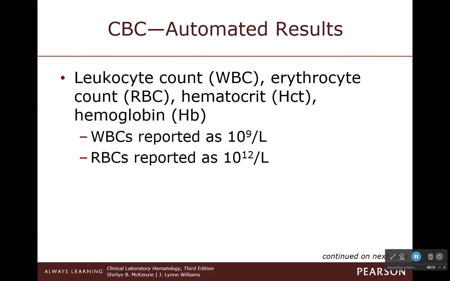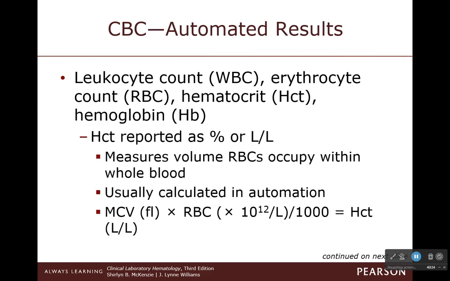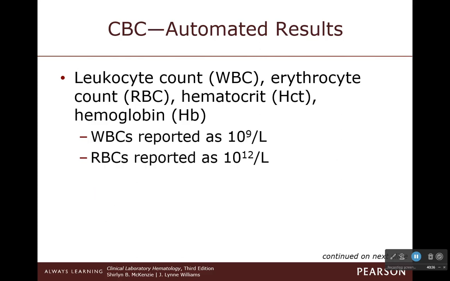So WBC count, erythrocyte count, hematocrit, and hemoglobin, these are usually measured results with the exception of hematocrit, and they really shouldn't put this up there because it's kind of deceiving. Some instruments might measure the hematocrit directly, but a lot of times it's calculated using the RBC and the MCV result.